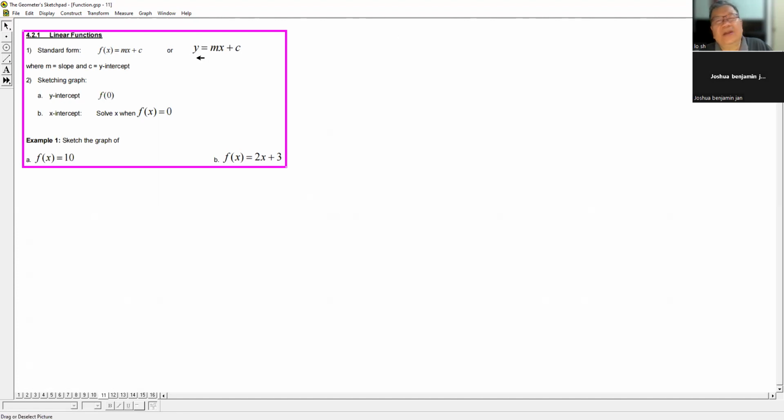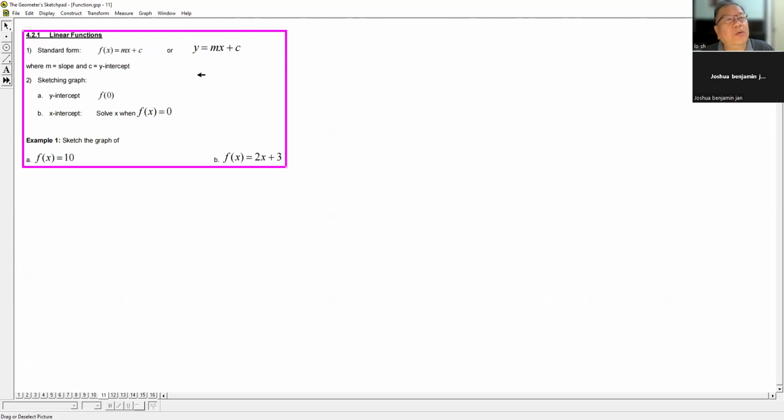Because f(x) and y, they are interchangeable. They mean the same thing. In graphical form, instead of writing f(x), you write y there. But in your calculation, normally you don't write down y, you write down f(x). So f(x) equal to mx plus c, or y equal to mx plus c, they are the same type.